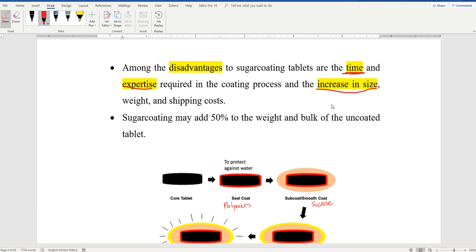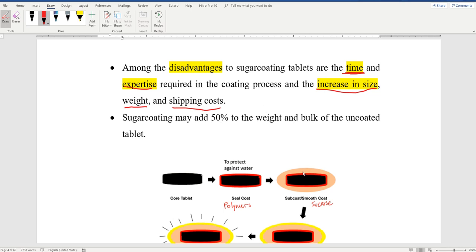It's well known that sugar coating can increase the size of the tablet considerably. What does this affect when the size increases, and therefore the weight? I need a larger package and the shipping cost will be higher. Not only that, but even swallowing a larger tablet might become difficult for the patient.